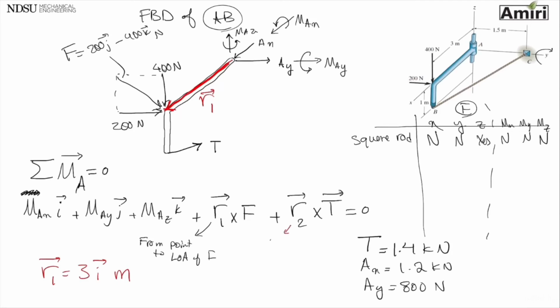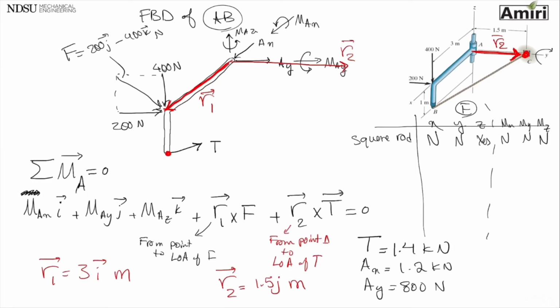R2 is from point A to line of action of T. Line of action of T could be this point, or could be point C. This point C is on the line of action. So it's much easier if I just take this one as R2 from point O to line of action of force, which is also point 2, because it's much easier for me to find it. R2 is just 1.5J meters.